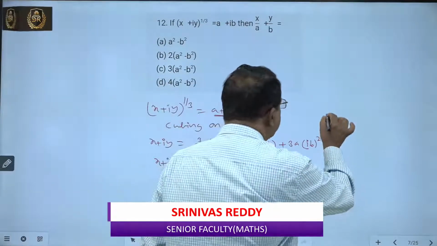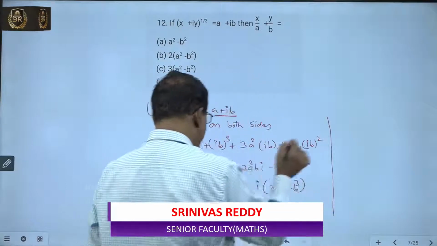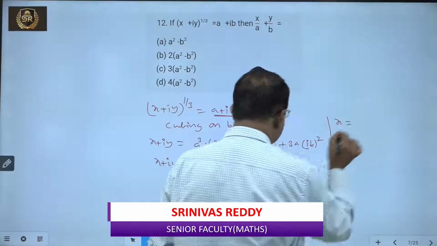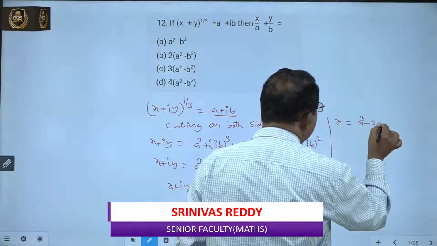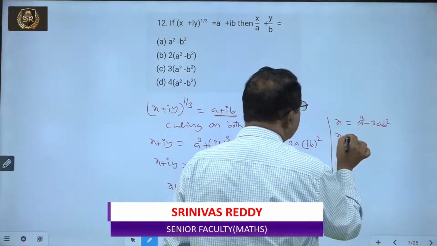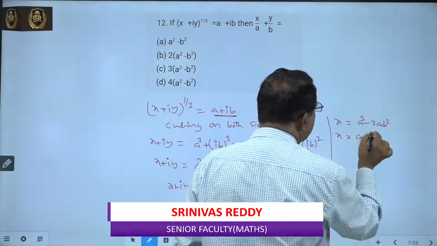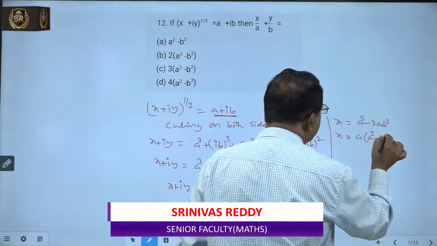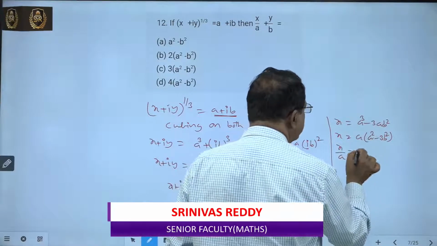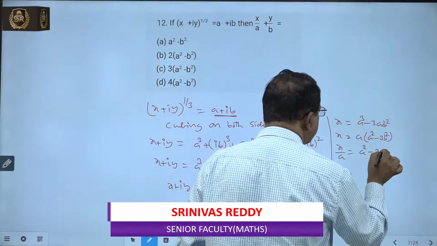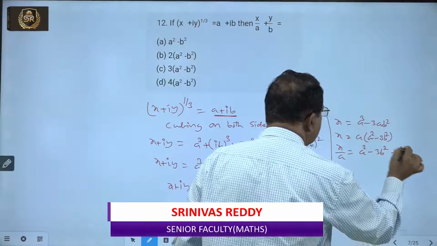We get the real part: x equals a cube minus 3ab square, or x equals a, taking common, a of (a square minus 3b square). Therefore x by a equals a square minus 3b square. Consider this as 1.